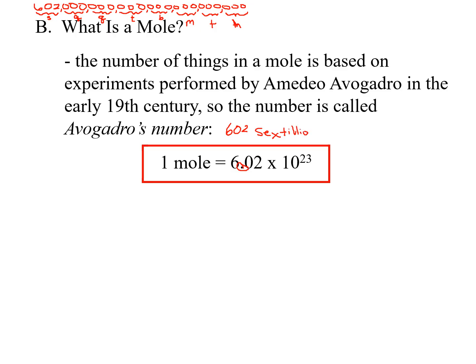Now, that is an absolutely ridiculous number. That's not a number that you can conceive of in your head. Generally, when you say the word million, most people cannot picture a million of anything, and we're way, way, way past a million here. This is 602 sextillion. If we were in class, I would go through a whole demonstration and show you what 602 sextillion would be like.